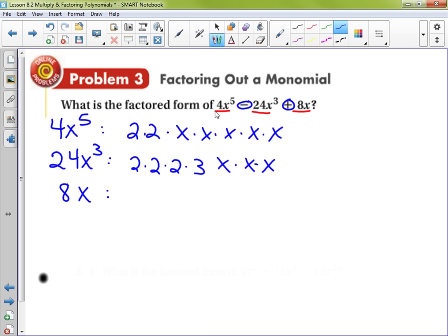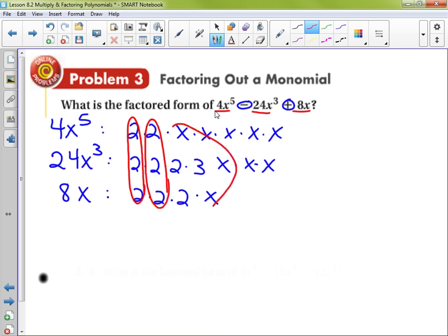And the last one, 8x, is 2 times 2, which is 4, times 2 is 8, times x. Okay, the greatest common factor for all three of these terms is, let's see, there's a 2, and there's one more 2, and there's one x. So the greatest common factor is 2 times 2, which is 4x.